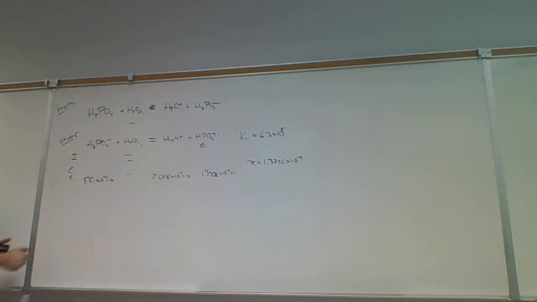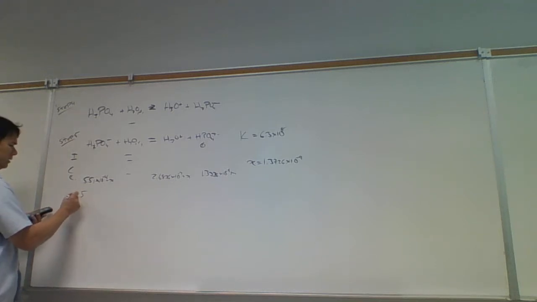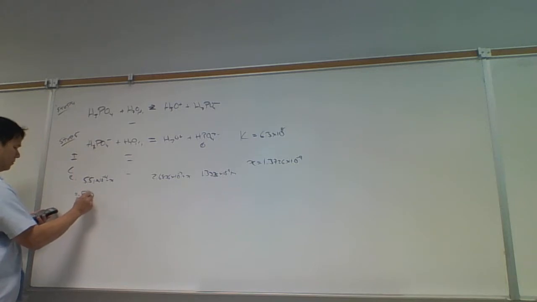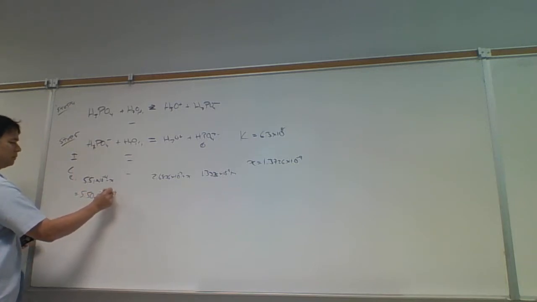So 5.51 times 10 to the minus 4, we can do it on the calculator, 5.51 times 10 to the minus 4 minus 1.3726 times 10 to the minus 9. This gives me 5.50998 times 10 to the minus 4.